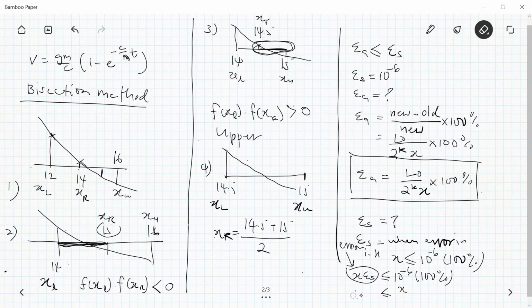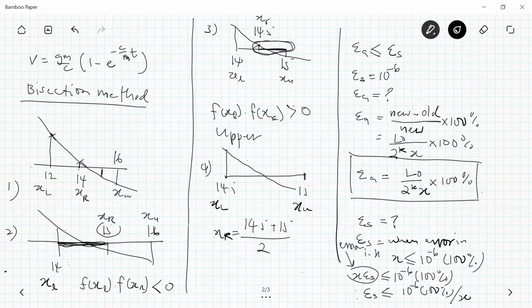ES is this one. I'm not trying to find what is 10 to the minus 6. I want to find what is ES actually. Epsilon S is less greater than 10 to the minus 6 times 100% over X. Okay, over X. So that is where I did wrong.